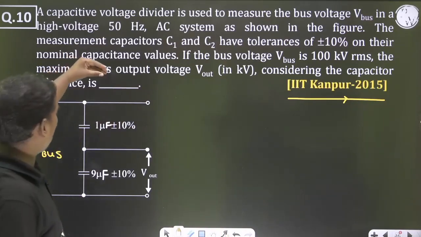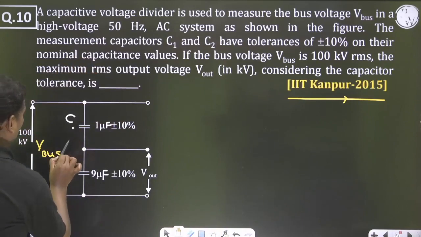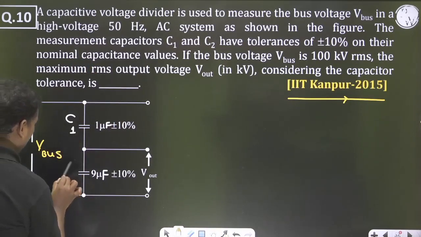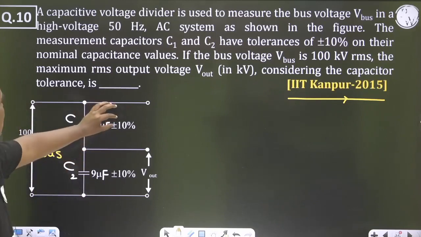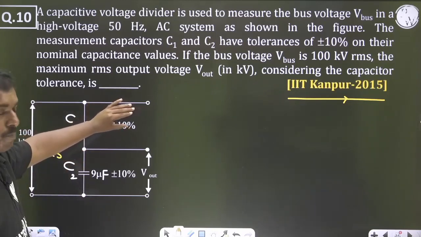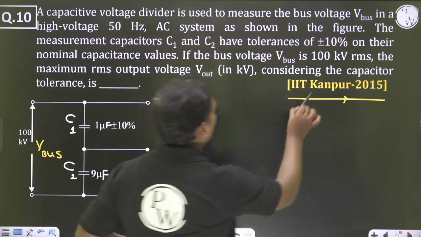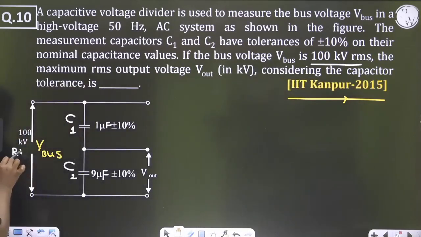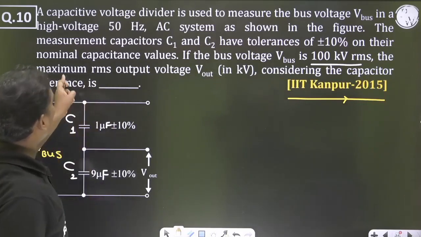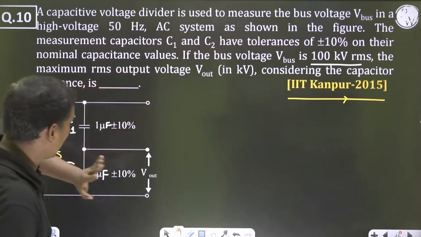The measurement capacitors, this is C1 and this is C2, have tolerances of 10% on their nominal capacitance value. If the bus voltage is 100 kilovolts RMS, the given is RMS. The maximum RMS output voltage V out is asked.